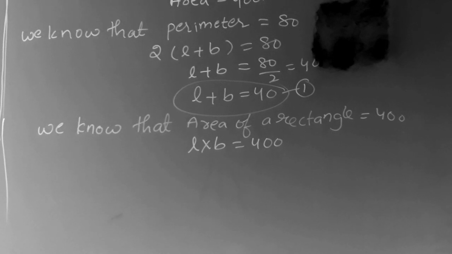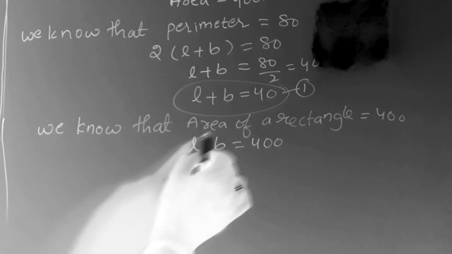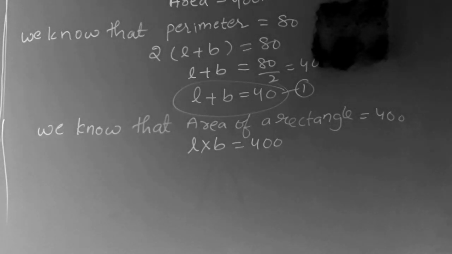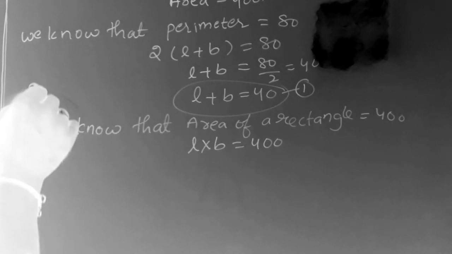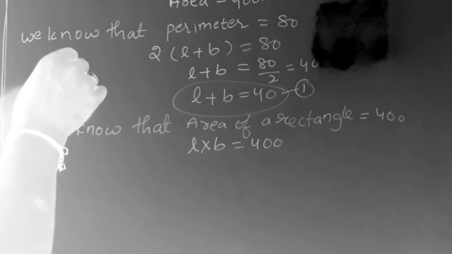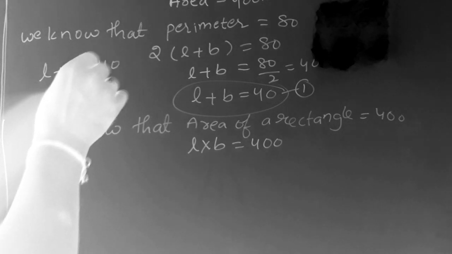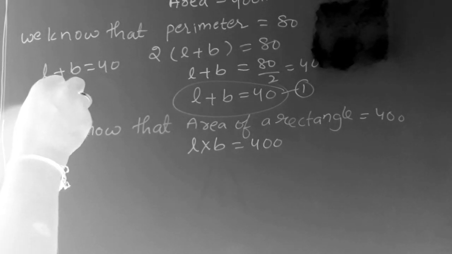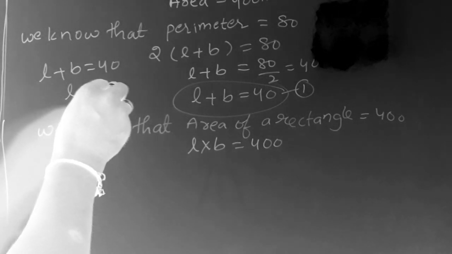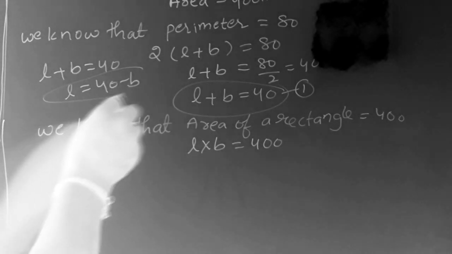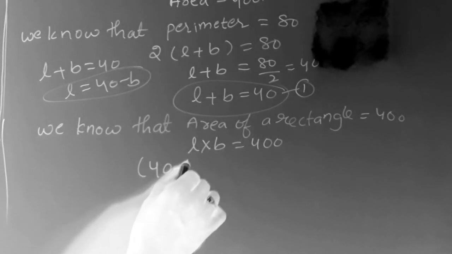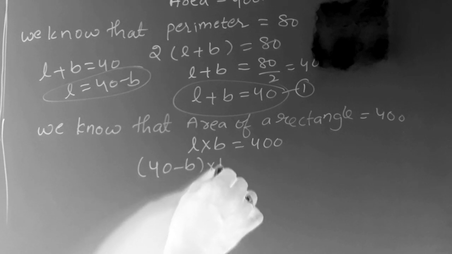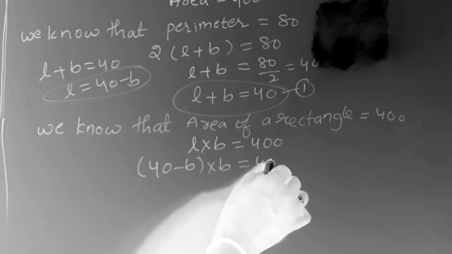Here L plus B is equal to 40, so L is nothing but 40 minus B. I can substitute this value here: (40 minus B) into B is equal to 400.